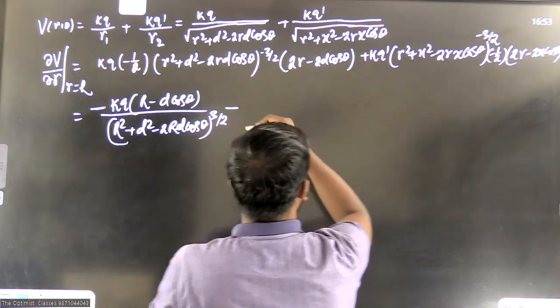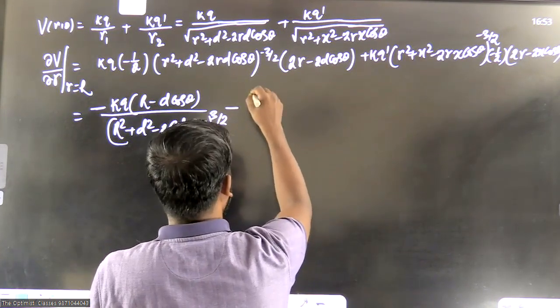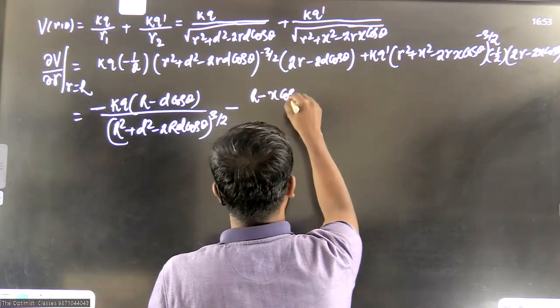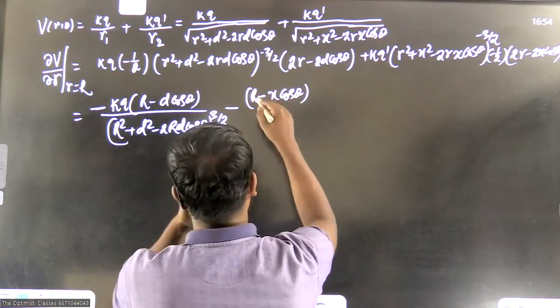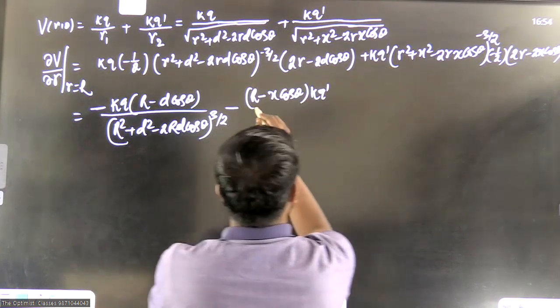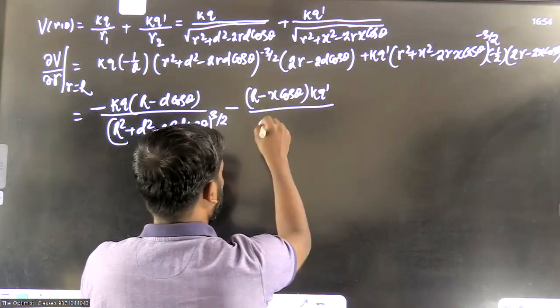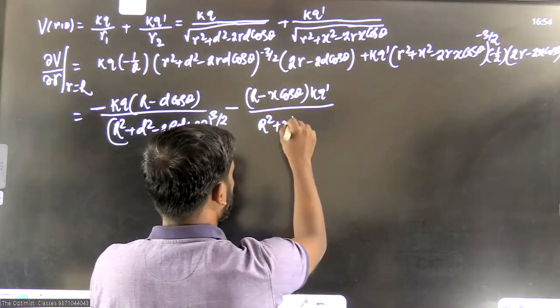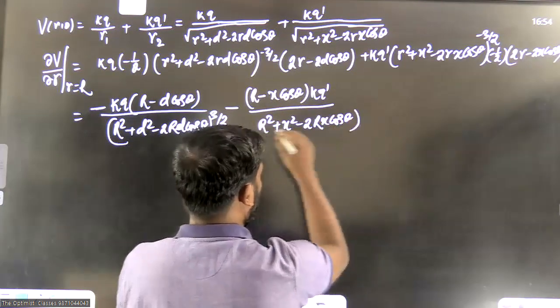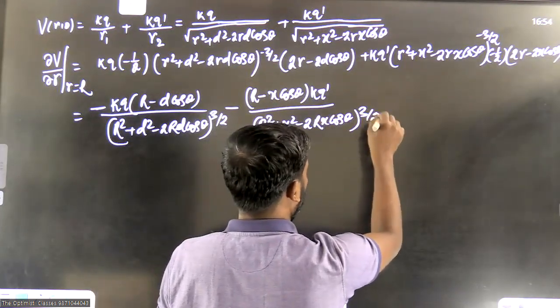Here you get capital R minus x cos theta, with a factor of kq prime, divided by capital R square plus x square minus 2 capital R x cos theta, whole power 3 by 2.